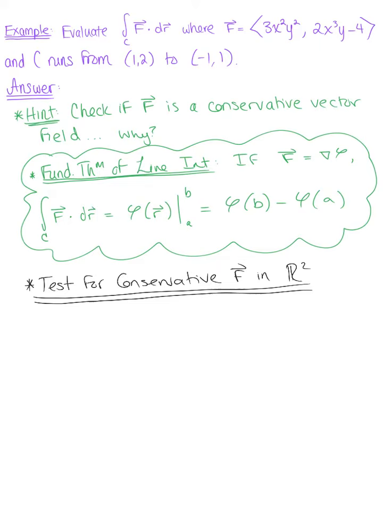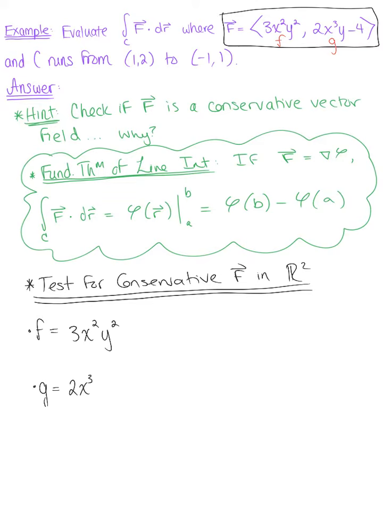So if you look back to our given vector field up here, you can see that we have two components. We have our F component and our G component. So we have that the F component is defined as 3x squared y squared, and that the G component here is defined as 2x cubed y minus 4.